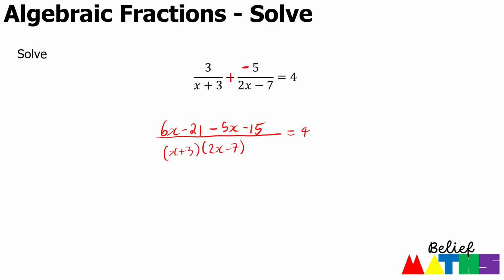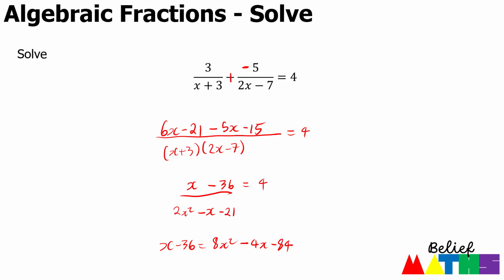Collecting like terms on top, you end up with x minus 36 is equal to 4, and that's over, and then if we expand those brackets, 2x squared, and then you get minus x minus 21. Solving that now, you get x minus 36 is equal to 8x squared, because we're multiplying by 4, minus 4x minus 84.